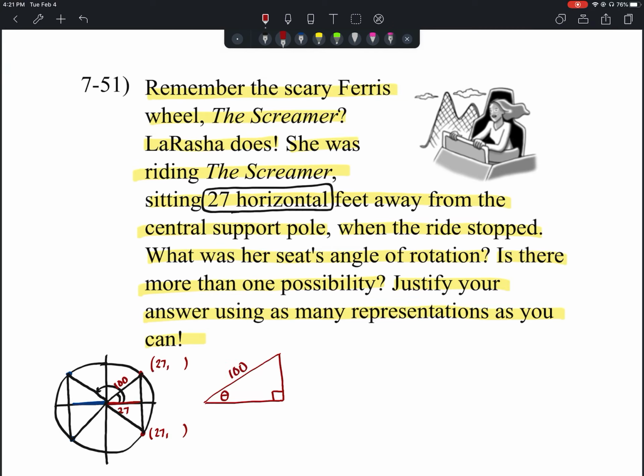This is 100 feet, and we know this is 27 feet. If we want to figure out theta, we're going to use the adjacent side and the hypotenuse. So the cosine of theta should equal 27 over 100. Now we can find theta by doing the inverse cosine.